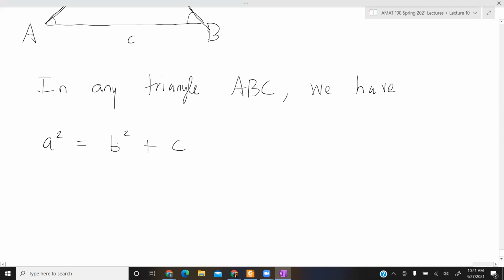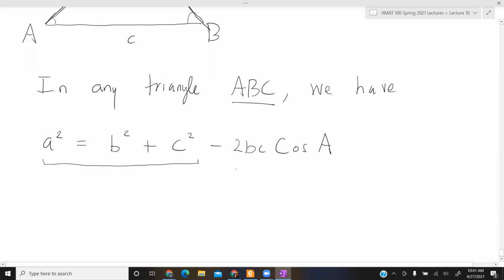So we have a squared is equal to b squared plus c squared. So this is the Pythagorean theorem right here. But because ABC is not necessarily a right triangle, you have to subtract off this piece to correct for the fact that it's not a right triangle.